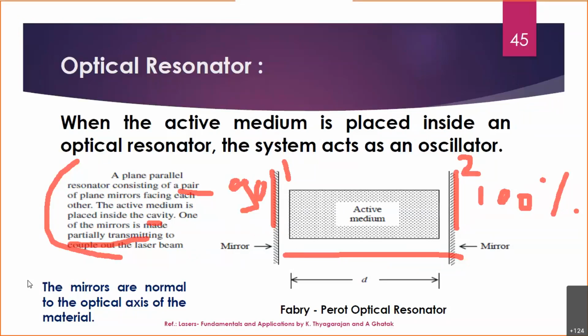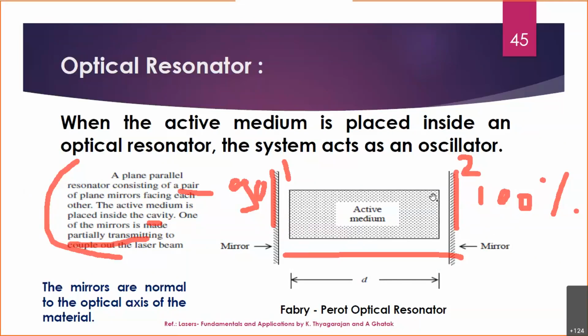Can anyone suggest why we are keeping one mirror at around 90 to 95%, but one at 100%? Sir, how will the laser come out if it resonates? Yeah, correct. That is the correct answer, because your signal will be trapped inside the mirrors. It is going back and forth, but after a certain amount of time you need to take it out from the laser system, from this optical resonator.